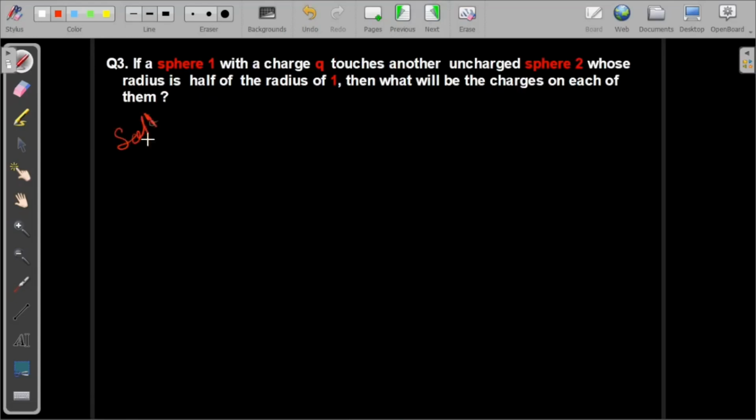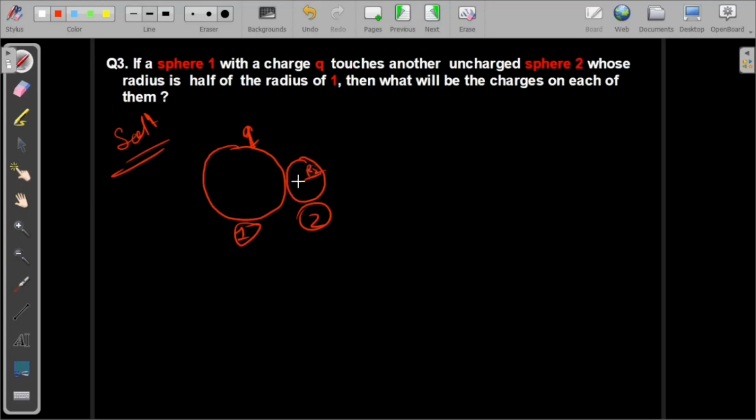What is given here? A sphere 1 with a charge Q touches another uncharged sphere 2 whose radius is twice the radius of sphere 1. Then what will be the charges on each of them? That means two spheres are given. One is charged, and the charge on the first sphere is Q. The second one is uncharged.